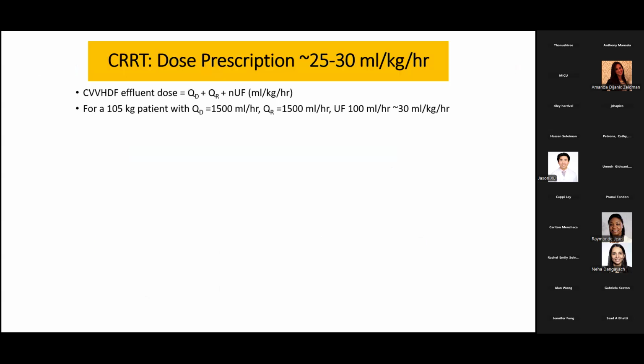And I will give you an example of how the practice of CRRT was improved with evidence that perhaps there is a target on an average dose, right? So, as you know, the standard dose of CRRT that we prescribe is typically 25-30 mLs per kg per hour of total effluent.